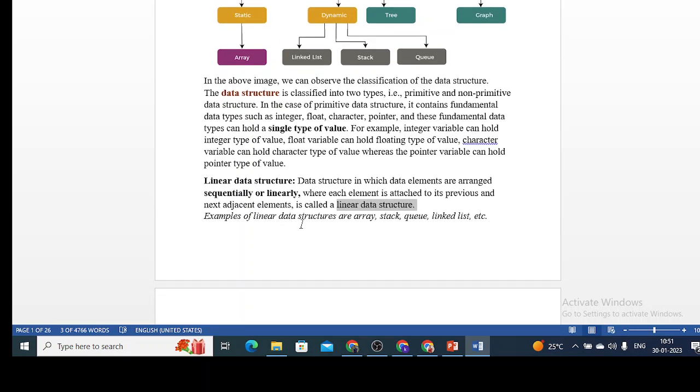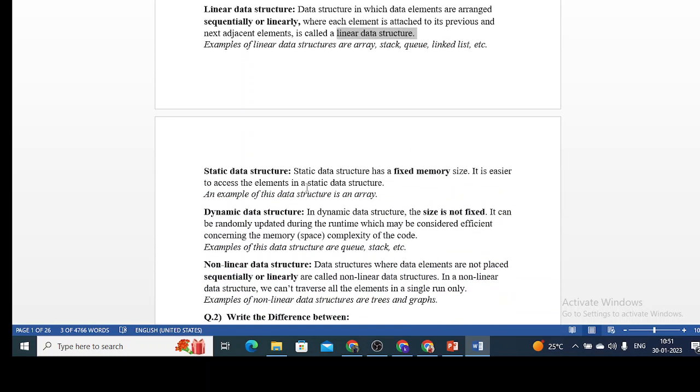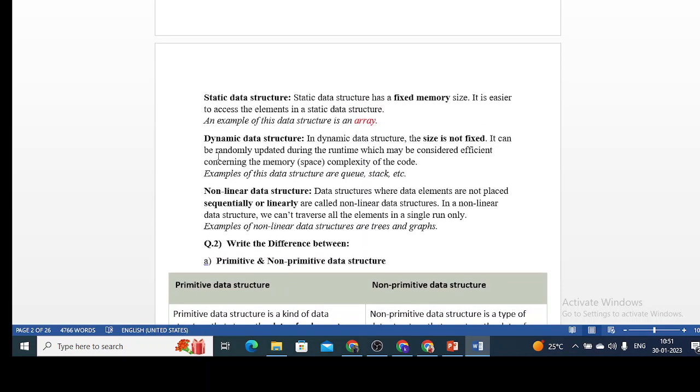Now see what is the meaning of static data structure. Static data structure has a fixed memory size. Means once you have created, you cannot change the size. It is easier to access the element in a static data structure. For example, array is a static data item, or you can say data type. Then the second category is a dynamic data structure.